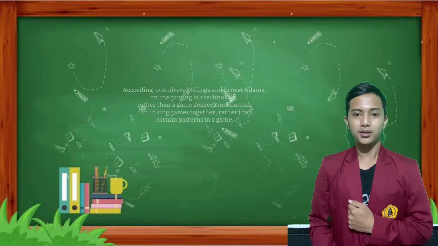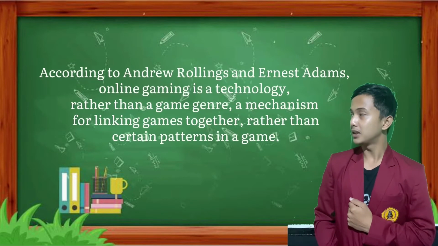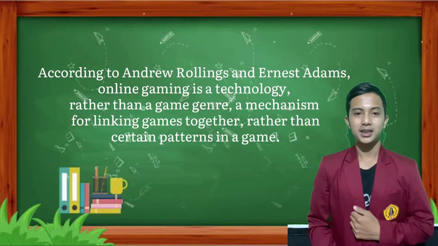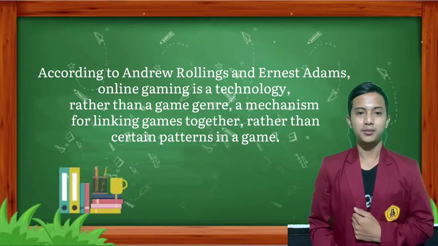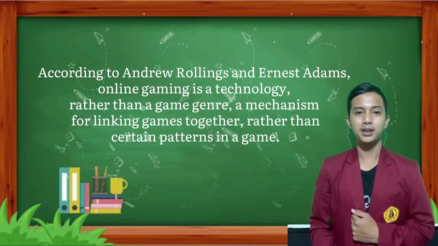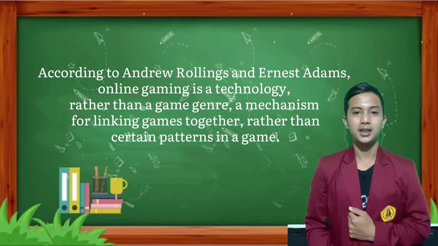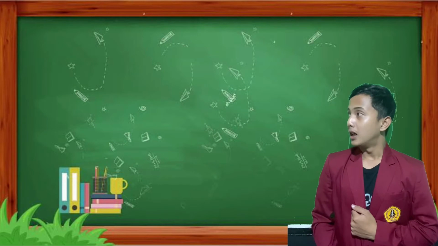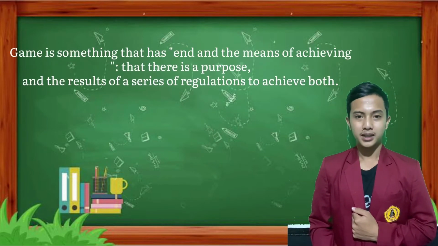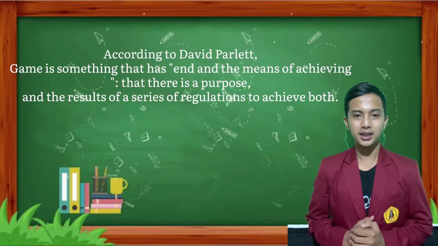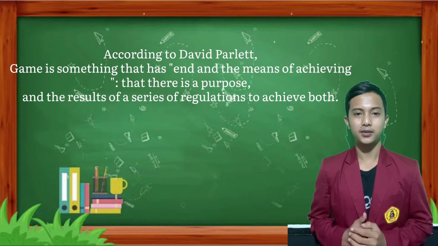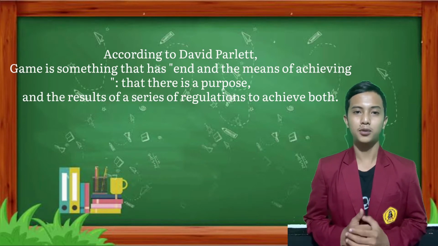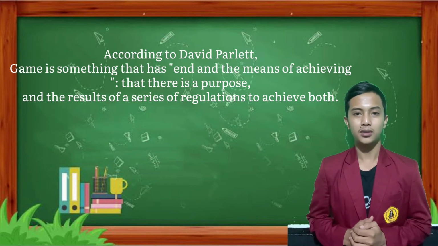According to Andrew Rollings and Ernest Adams, online gaming is a technology rather than a game genre, a mechanism for linking games together rather than a certain pattern in a game. According to David Parlett, a game is something that has an element of achieving, that there is a purpose, and the result of a series of regulations to achieve both.